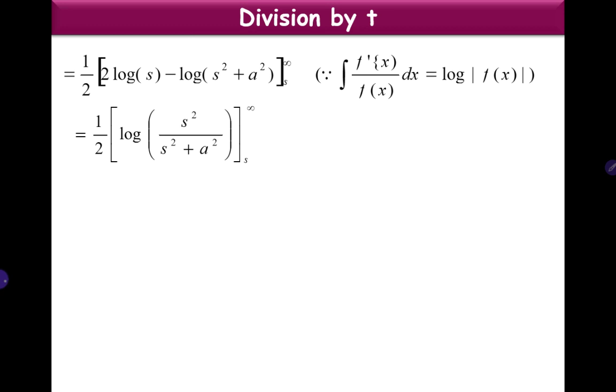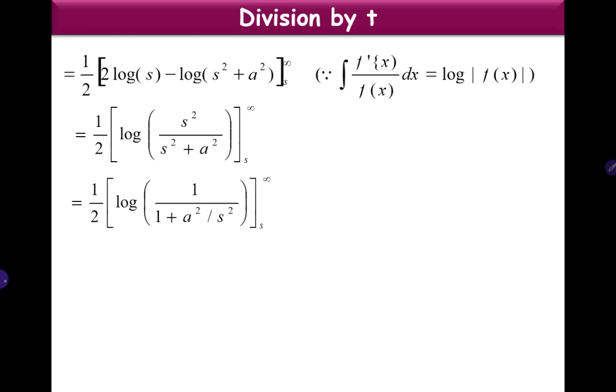If we now substitute the upper limit infinity here also, we get log of infinity by infinity, which is again an undefined form. So to avoid that, we divide both the numerator and denominator of s square by s square plus a square with s square.